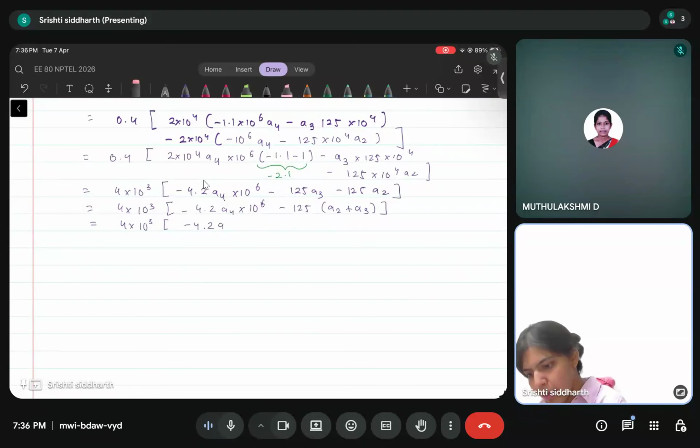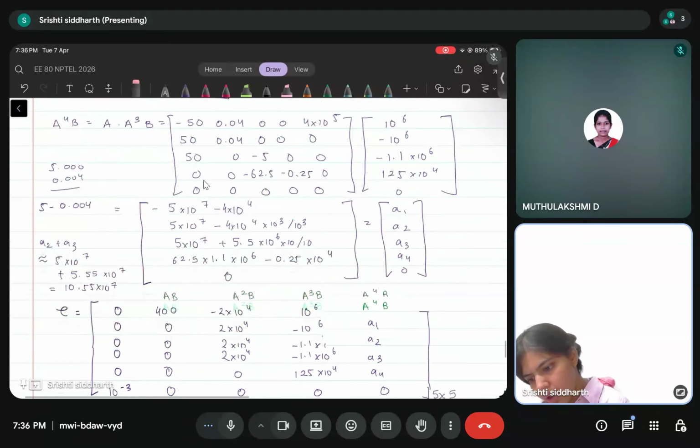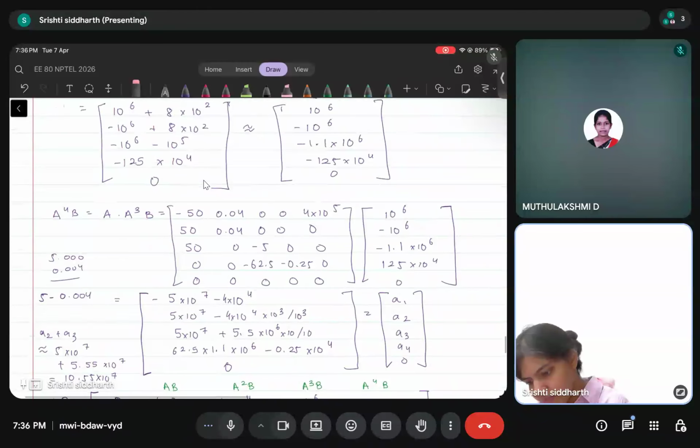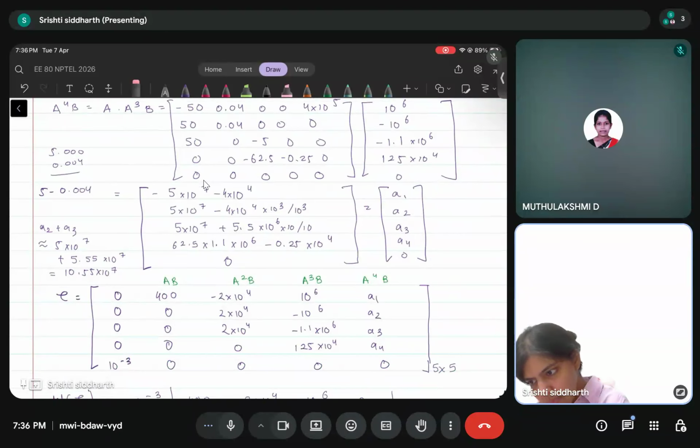So let's substitute A4 here if we also have that. A4 is 10 to the power 2 over 2. I have to multiply 62.5 and 1.1 in this case.